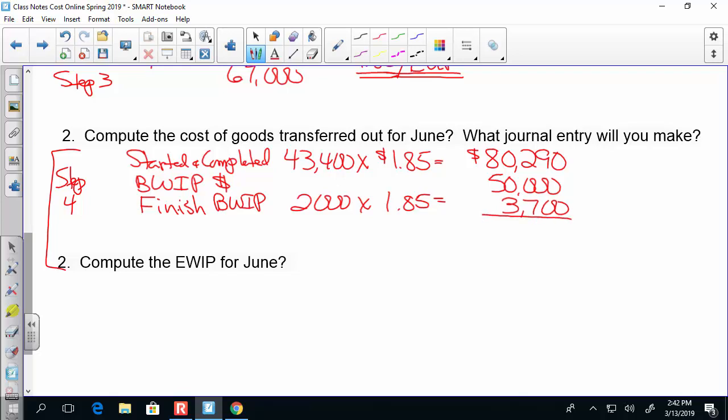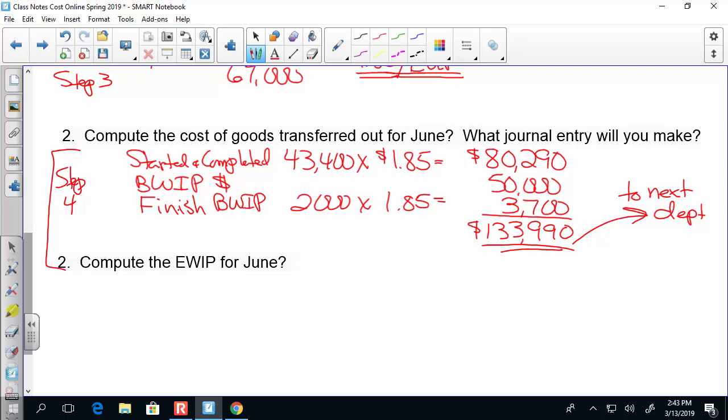So in total, our total cost transferred out, I'm going to add the 50,000 to the 3,700 plus the 80,290 gives us 133,990 transferred out to the next department. And again, you would debit that department's WIP account. You would credit this department's WIP account for that amount.